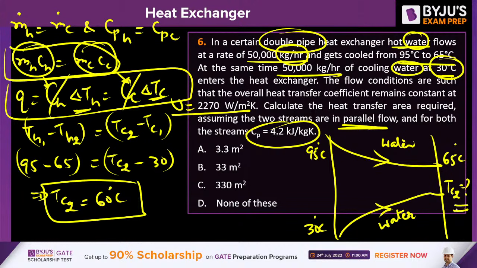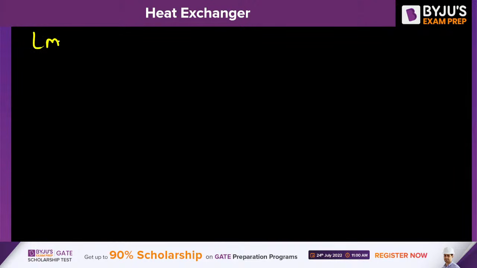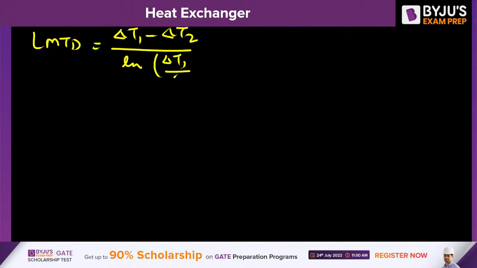Once we get TC2, that is 60 degrees Celsius, then we can use the formula for LMTD, that is delta T1 minus delta T2 upon natural log of delta T1 by delta T2. That will give you the LMTD. What is delta T1?